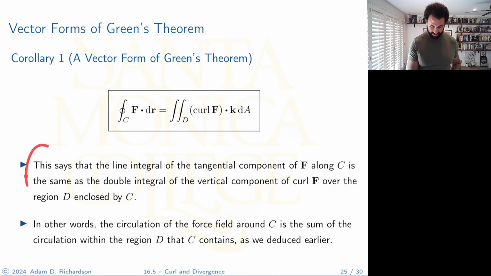This is exactly what I was saying before. So in other words, the circulation of the force field around C is the sum of the microscopic circulation within the region. Just writing it in terms of the dot product of a vector.